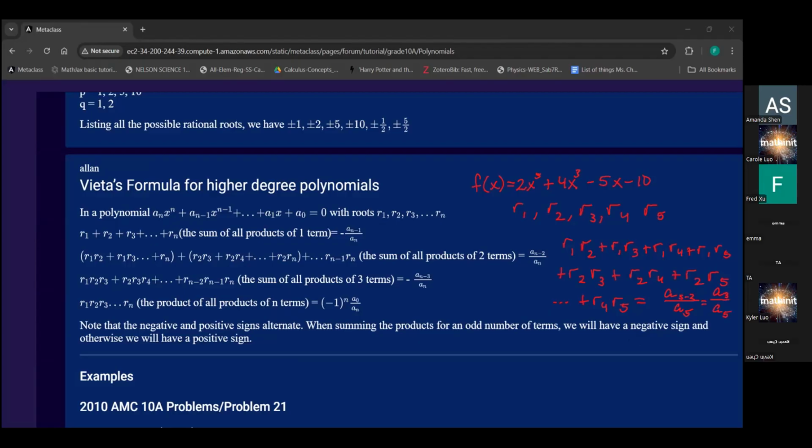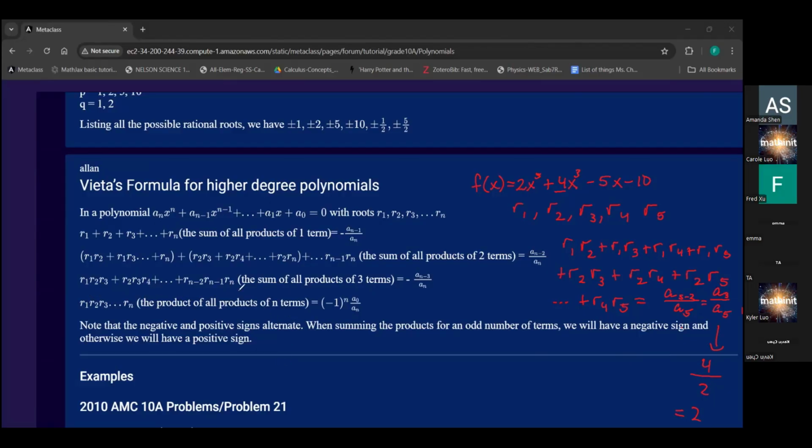And a of 3 is just this coefficient over here, so that's 4. This just becomes 4 over a of 5, the leading coefficient, which is 2. And so you basically have that the product of all of these added together is equal to 2.